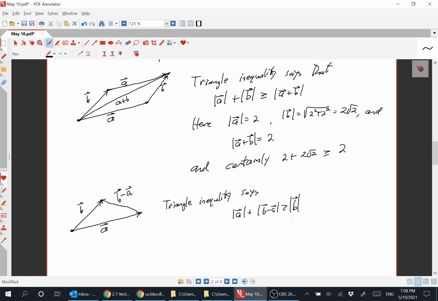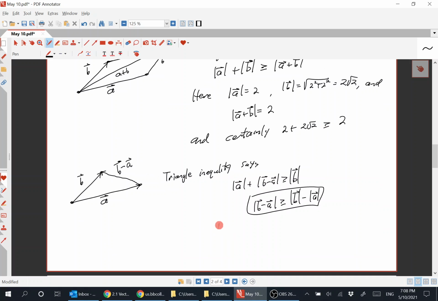Right? And it also says that the length of b minus a is bigger than or equal to the length of b minus the length of a. Which is kind of neat how that works. So that's a sort of alternative version of the triangle inequality.